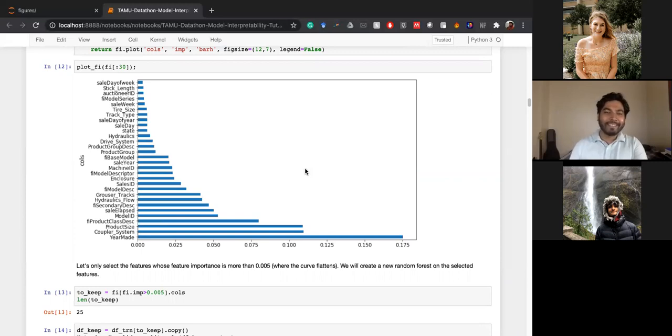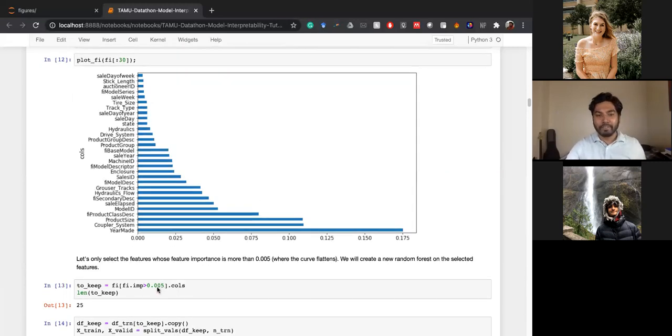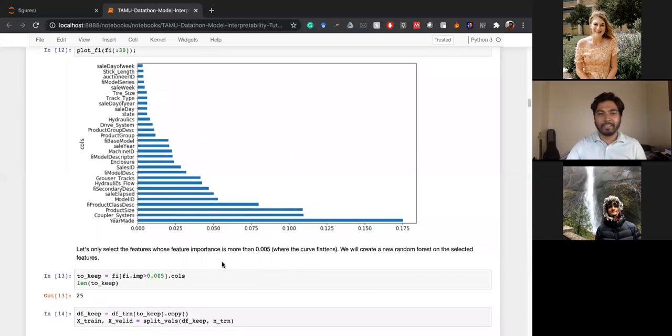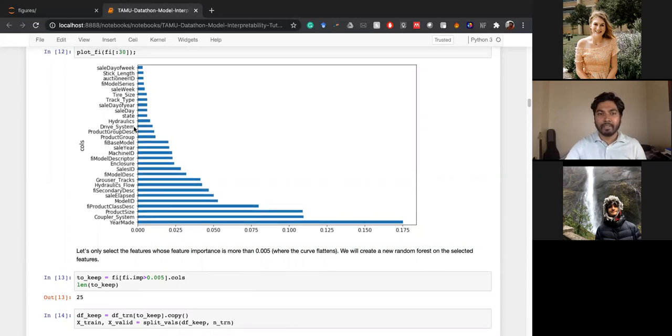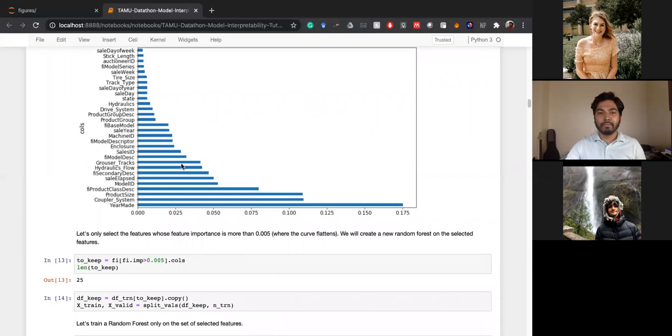Yeah, that's a good question. A value like 0.005 worked for this particular data set and problem. You'll have to see where this tail starts, where the feature importance starts decreasing, and then you can start dropping them probably one by one and retrain your model.